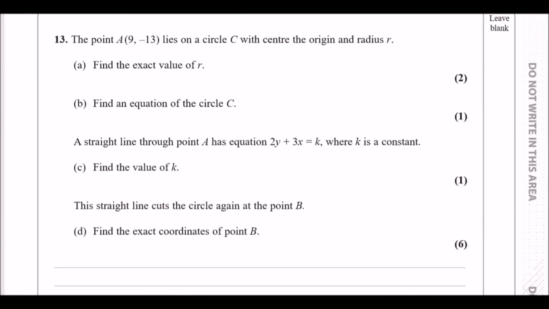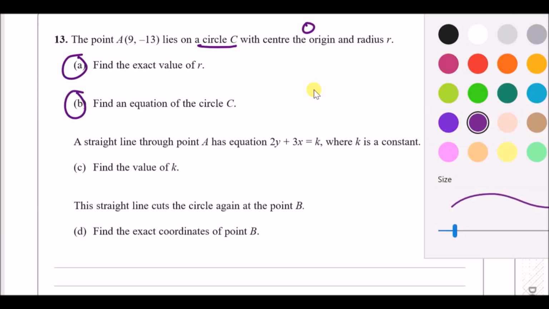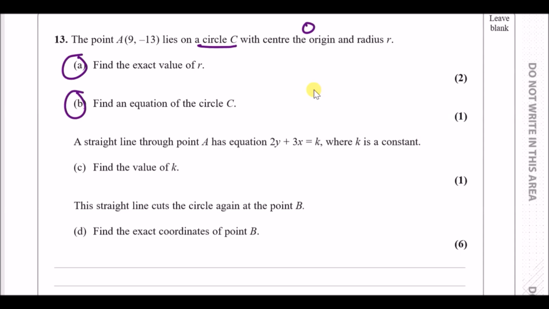Okay, number 13. So the point A lies on circle C with center O, which is the origin, and radius R. Find the exact value of R. Okay, so very straightforward, to the point. So we're dealing with a circle, right? For these kinds of questions, and I'm going to involve part A and part B, which is find the equation of a circle, the best thing you should do is always write down the general form of the equation of a circle first.